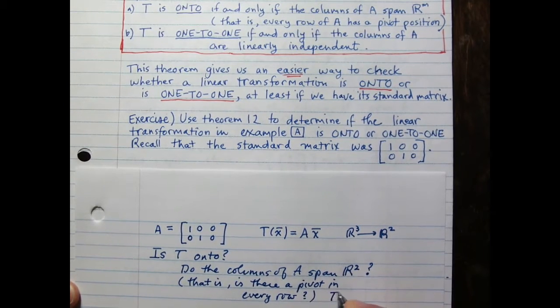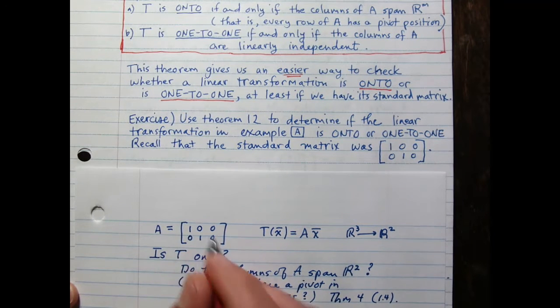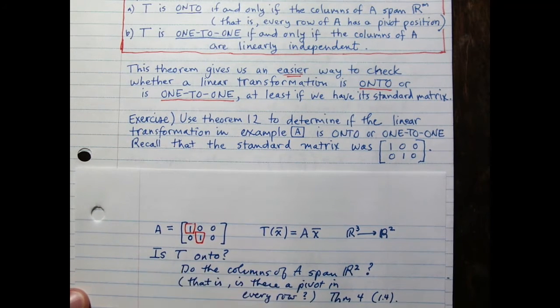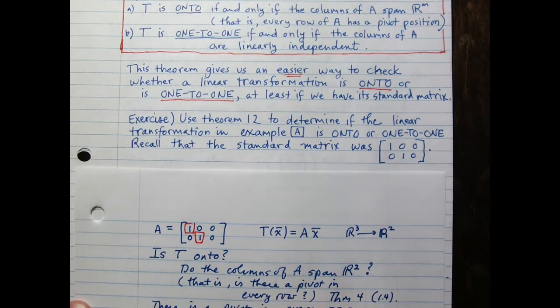That was our Theorem 4 in section 1.4, if you're wondering when did we figure that out. And of course, in my example, this is already in reduced form. We can see the pivots, and we can see there is a pivot in every row. So therefore, T is onto.